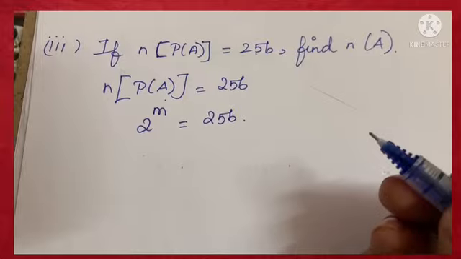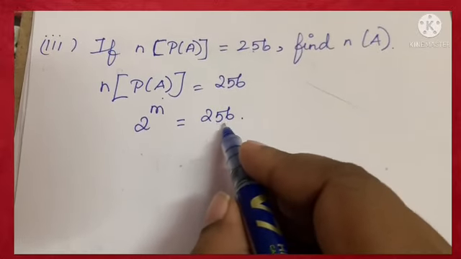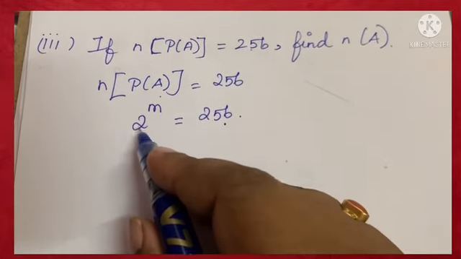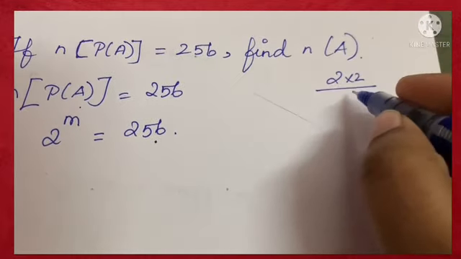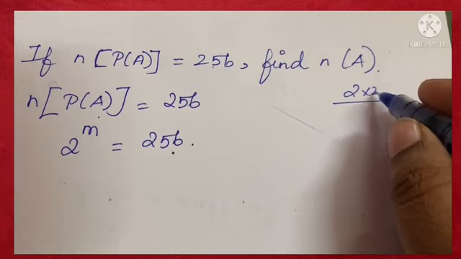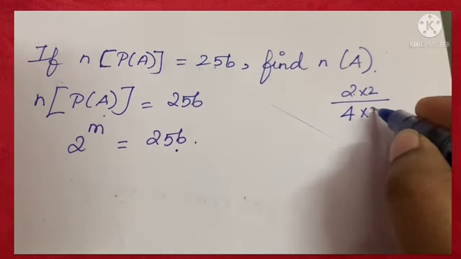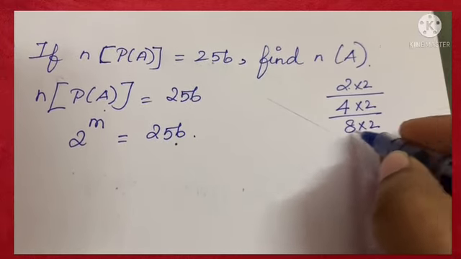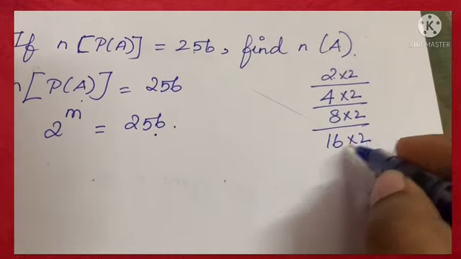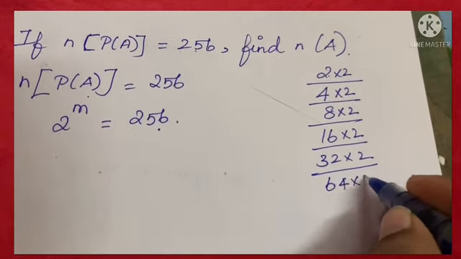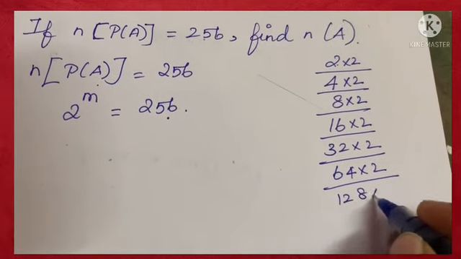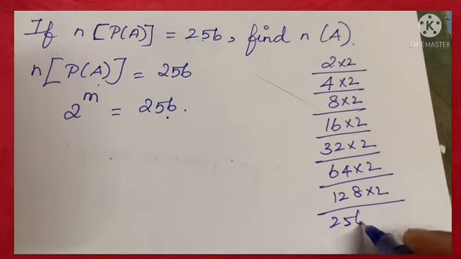256. Now, how to write this 256 as 2 power some number? Shall we just try here? How many 2s is going to give me 256? 2 2s are 4, 8, 16, 32, 64, 128, 256.